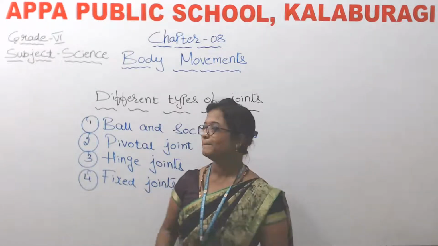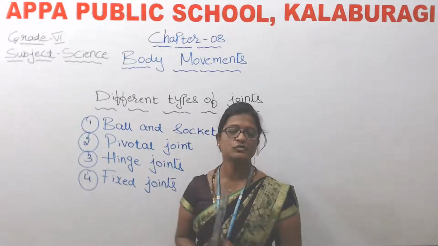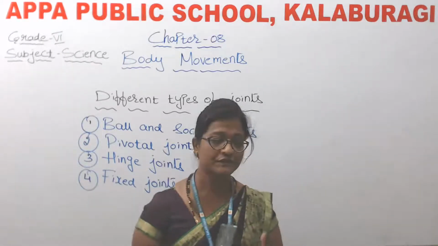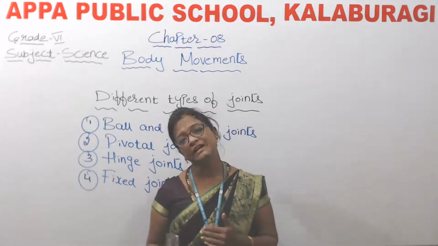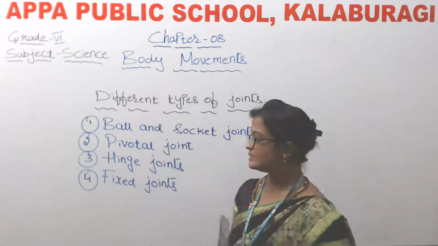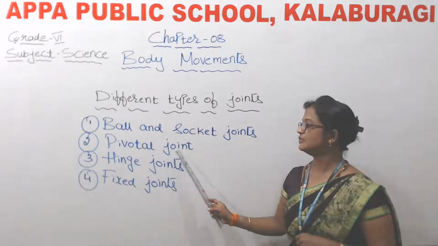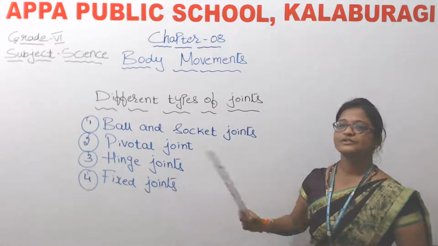Because of the pivotal joint, isn't it? The pivotal joint allows our head to move forward, backward, and even rotate. So this is all about the pivotal joint. Now the next joint is hinge joints.